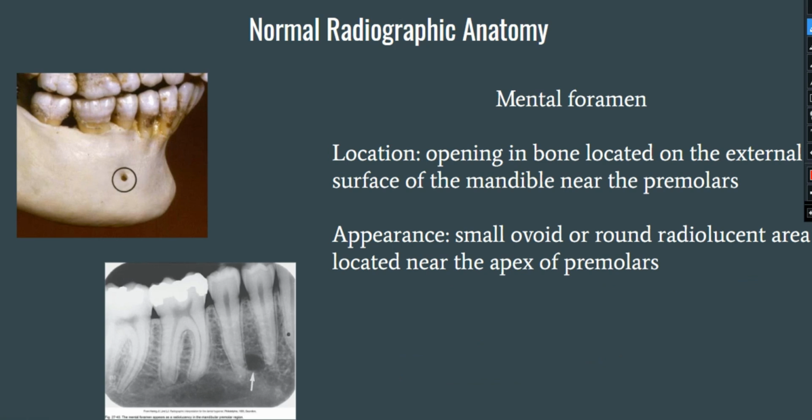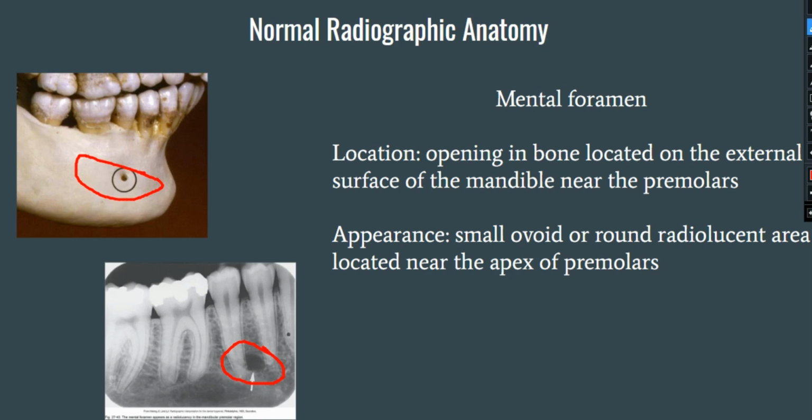So here on the actual model or the skull, and then here on your radiograph, that is your mental foramen. And this is where you will have blood vessels and nerves that will come out of it that supply the lower lip.